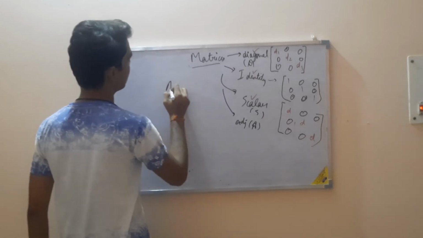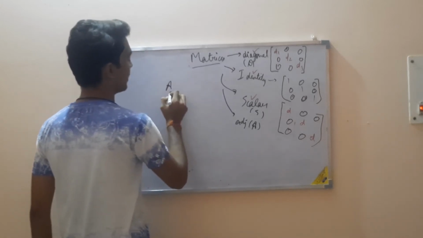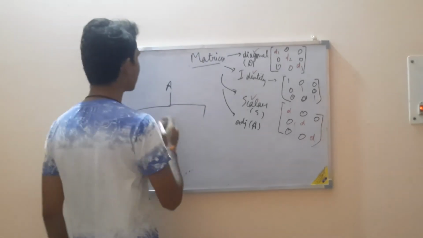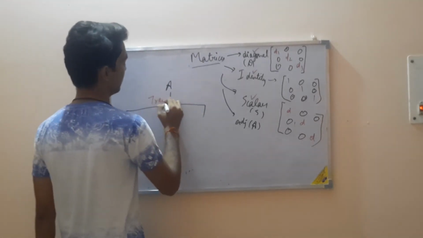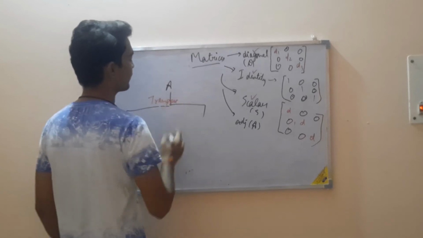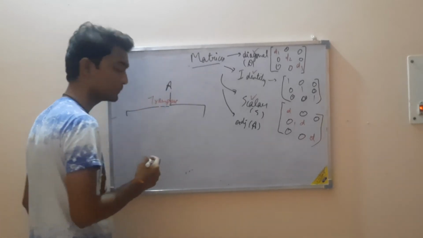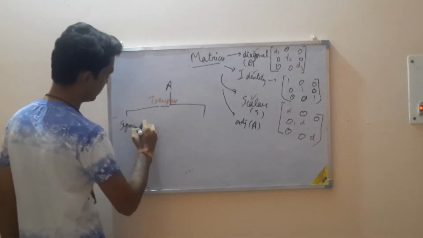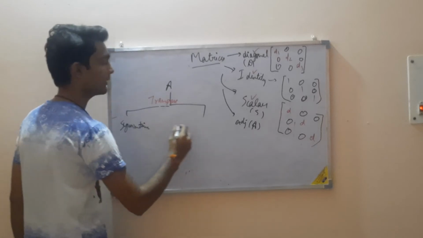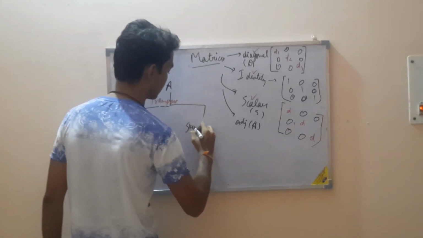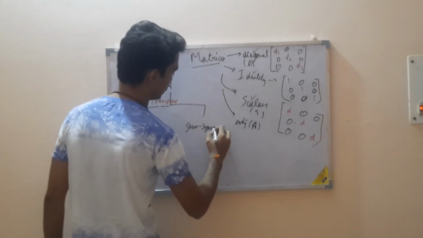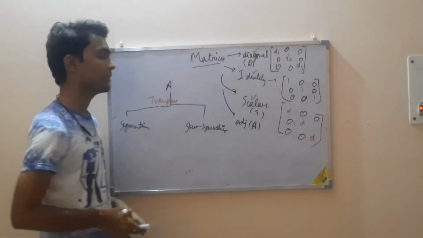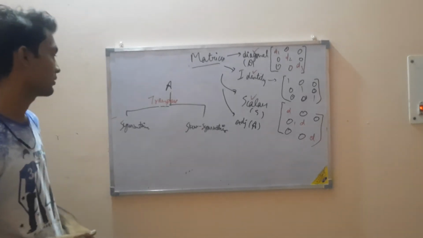Okay, like a matrix A, on the basis of its transpose, can be classified into two categories, that is symmetric matrix and skew symmetric matrix.